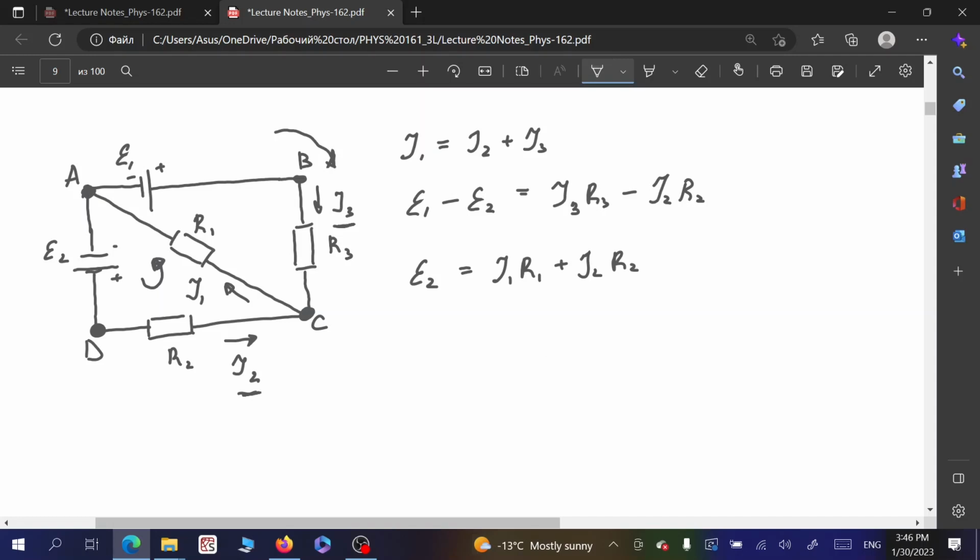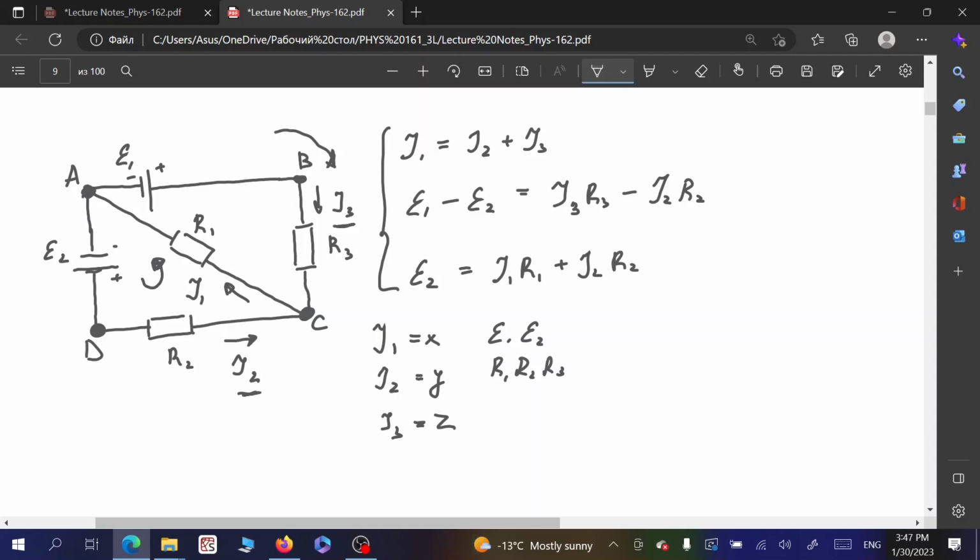So now we have a system of three linear equations and we have three unknowns. So we can consider I1 as, for instance, X, I2 as Y, and I3 as Z. Once we have magnitudes of epsilon 1, epsilon 2, R1, R2, and R3, we can solve this system of linear equations and get unknown currents in each component of this electric circuit.